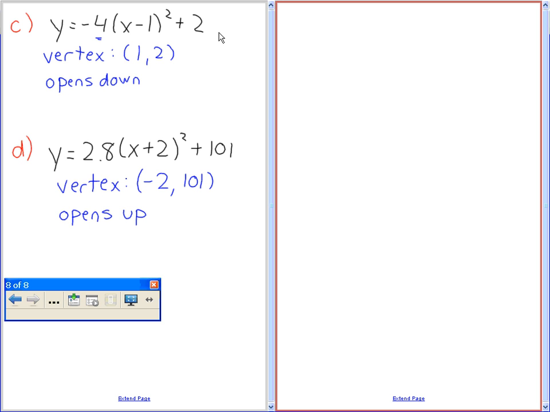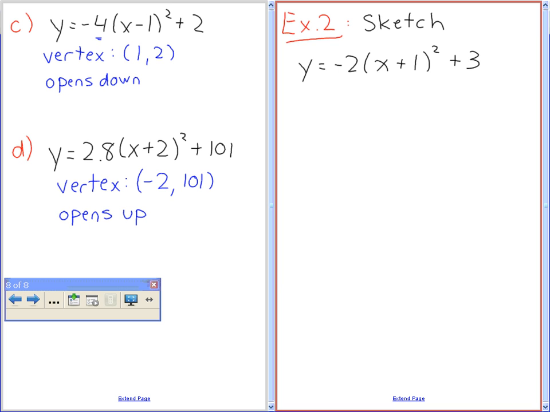All right. Let's do example 2. It's going to say sketch y equals -2(x + 1) squared + 3 by finding the vertex and 1 point on either side of it.